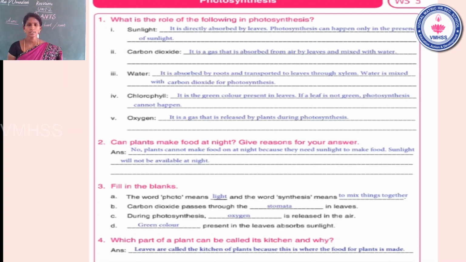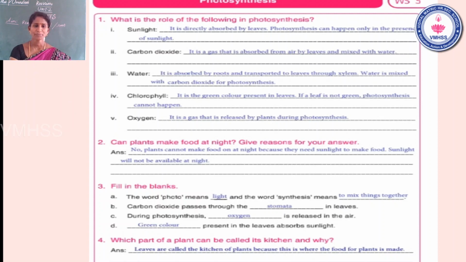See the first question: what is the role of the following in photosynthesis? There are necessary conditions for photosynthesis: sunlight, carbon dioxide, water, chlorophyll and oxygen. First one, sunlight. What is its role in photosynthesis?